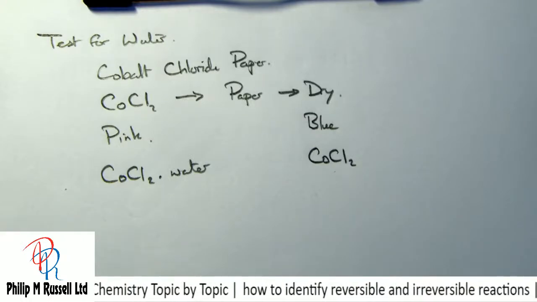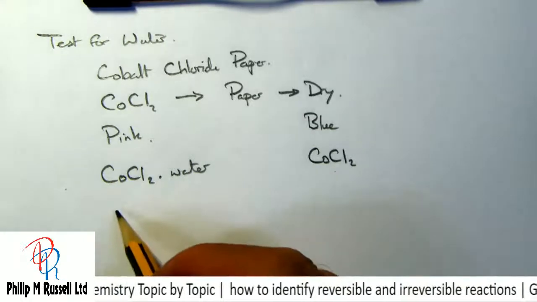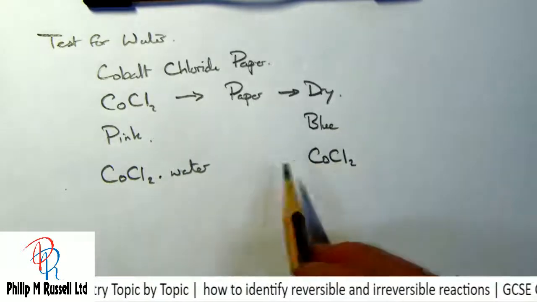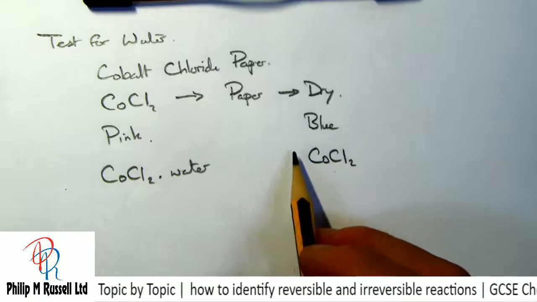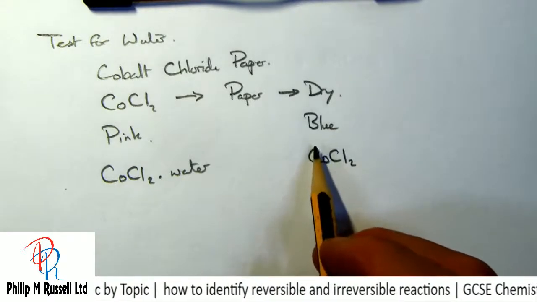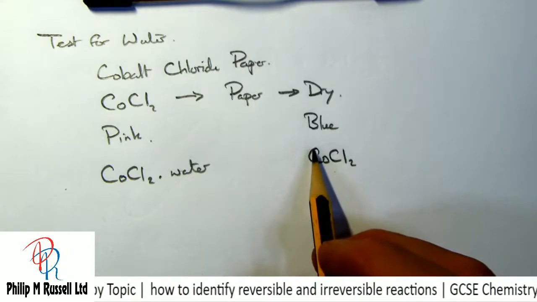We could use copper sulfate for our test, but it's a little bit harder to do that. We can't really get anhydrous copper sulfate paper. It's really difficult to do.